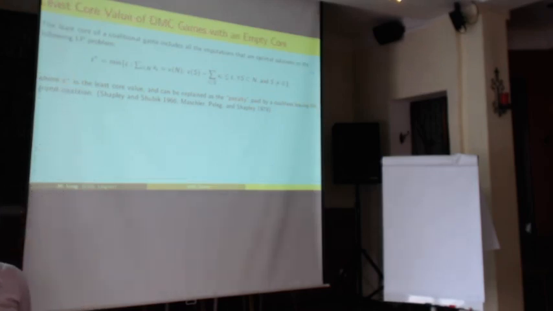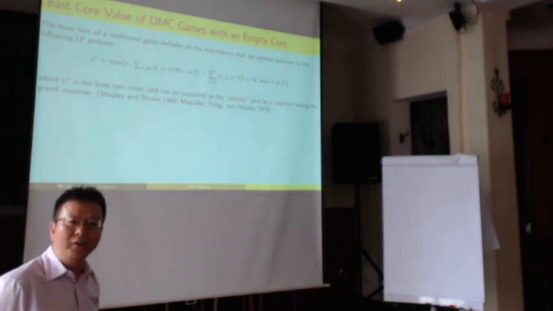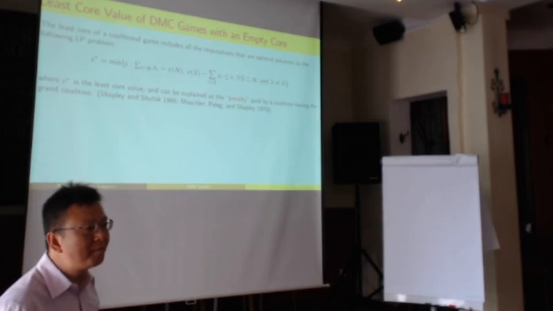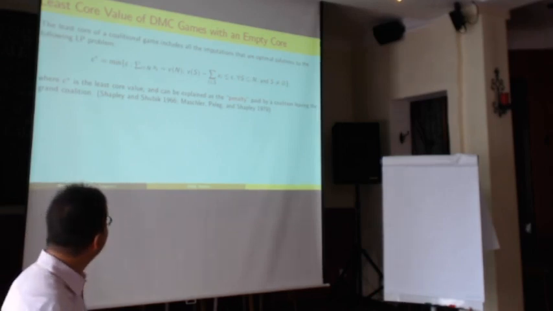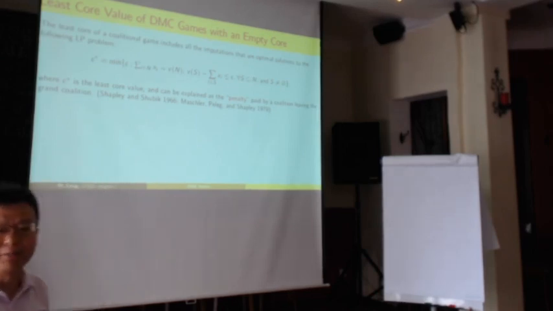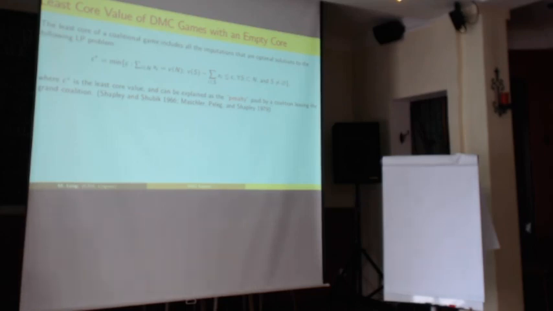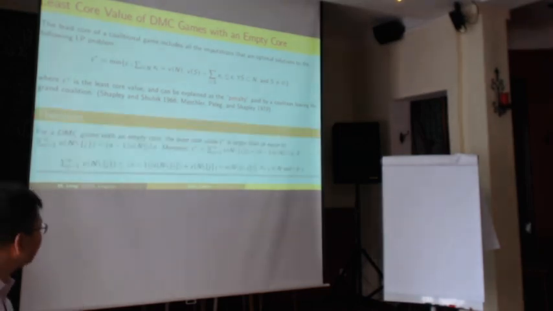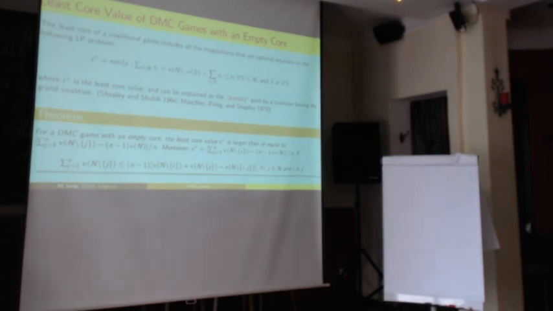This is the least core value, because DMC games possibly have an empty core. The core could be empty. So a typical solution concept for an empty core game is the least core and the least core value. So this is the definition. For DMC games with empty core, can we find a solution?